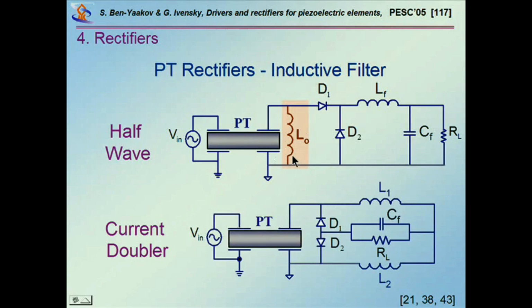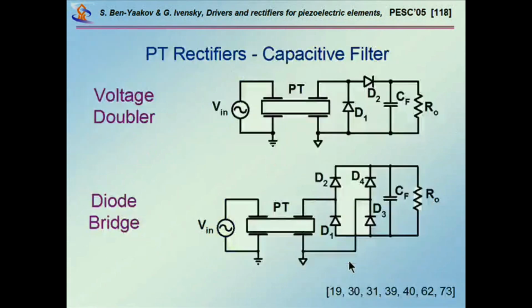What you can do is use a current doubler, in which this inductor, which is providing the DC path, is in fact part of the filter. Okay, so you don't lose, as here, where you actually need two inductors, and this is a nice arrangement to rectify the AC coming off the PT.